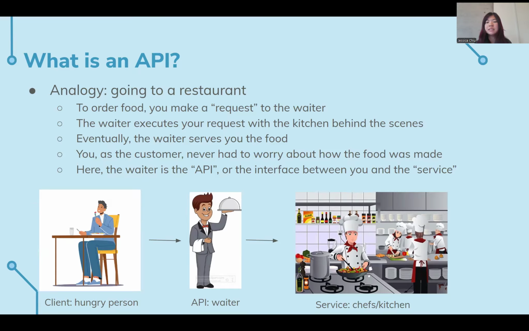All you have to do is tell the waiter what you want and they'll bring it to you. This is similar to how APIs work because the waiter is like the API. We tell the API what we want to get, and they go behind the scenes and get it for you. You don't have to worry about how they got that information. You just need to receive it from it.